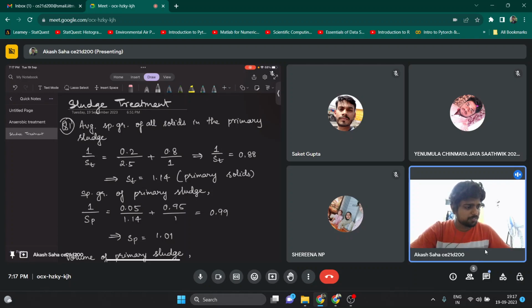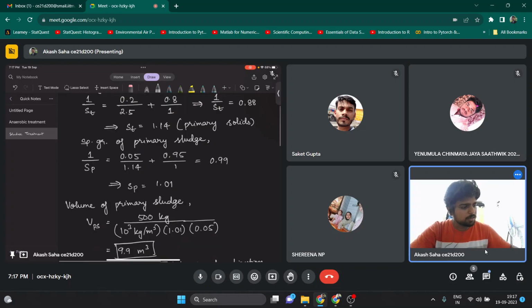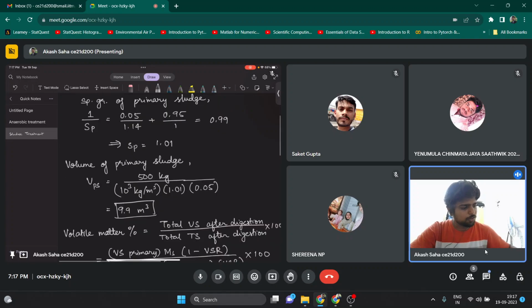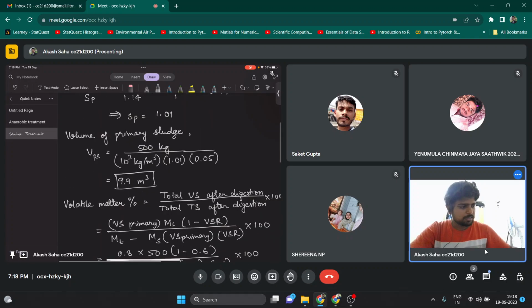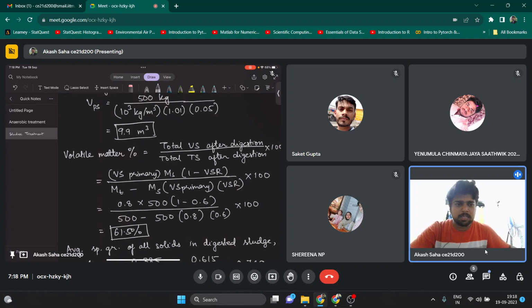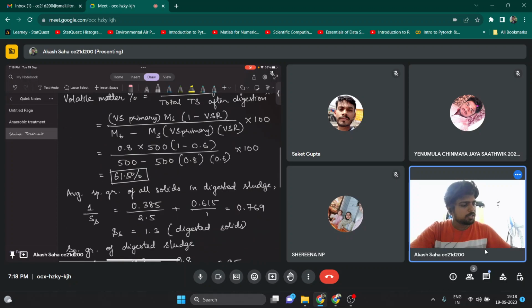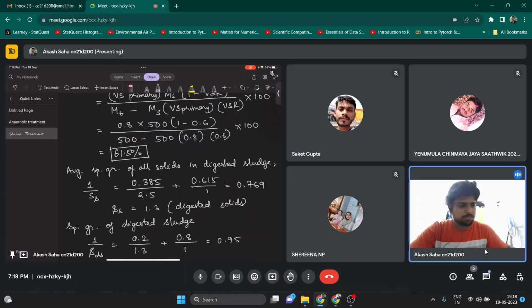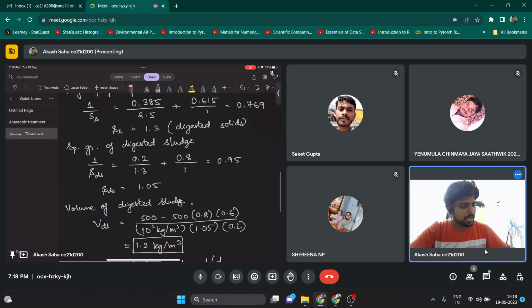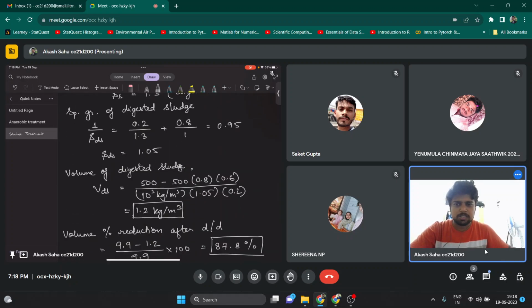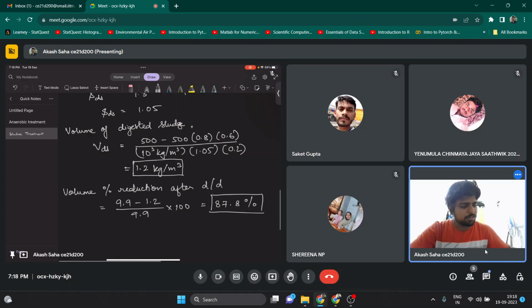First we found the average specific gravity of the primary solids, then the volume of the primary sludge. Then the volatile matter percentage after digestion and dewatering. Then for the digested sludge, we found the specific gravity and the volume of the digested sludge. In the end, we found the percentage volume reduction after digestion and dewatering.